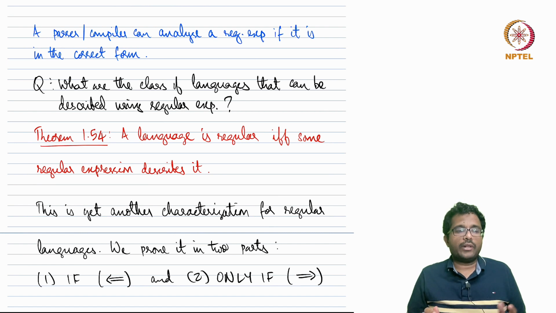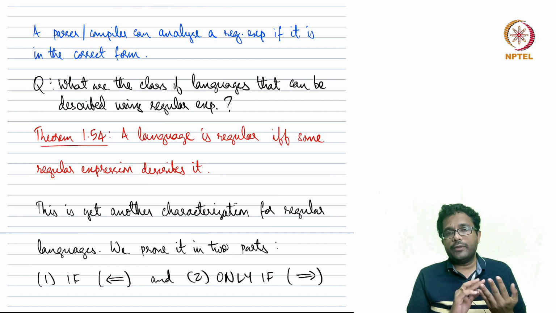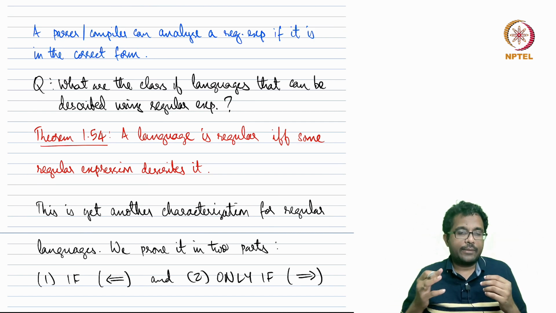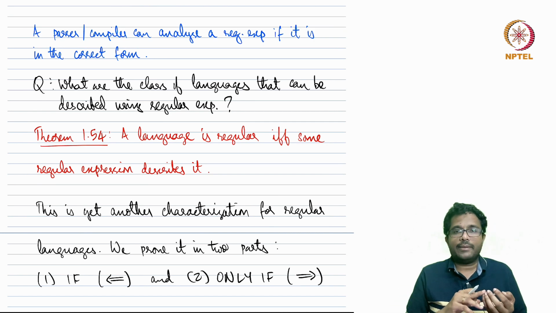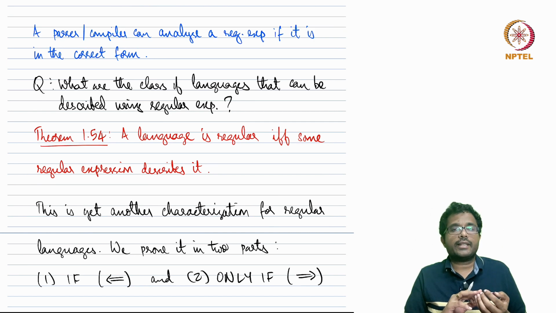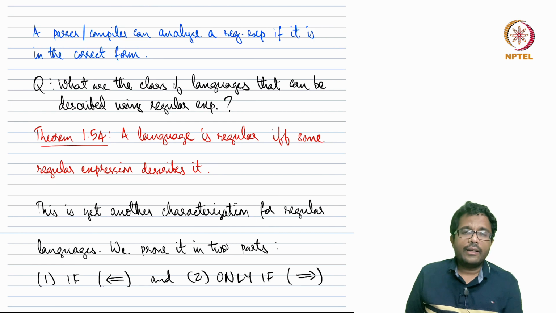So we already saw two different ways to characterize or define regular languages. These are the languages that can be recognized by a deterministic finite automaton, DFA. We also later saw that the class of languages that can be recognized using NFAs is the same. Now we have the third characterization, the class of languages that can be described using a regular expression.